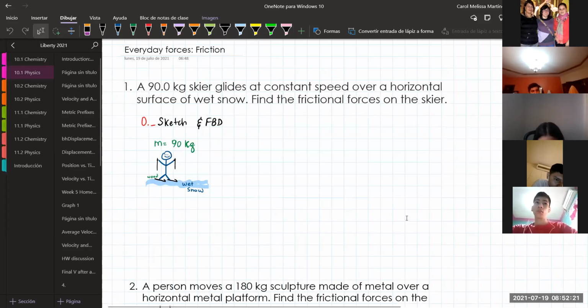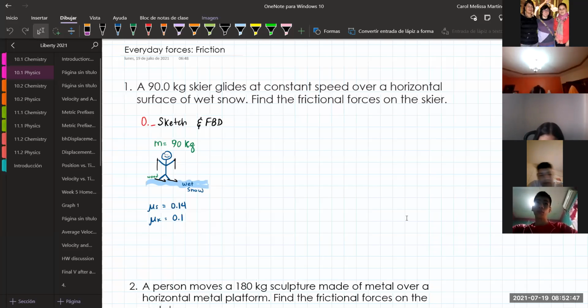So I'm going to write the data right here, and I will say my static friction coefficient is 0.14 and my kinetic friction coefficient is 0.1. Now with this I have everything I need.